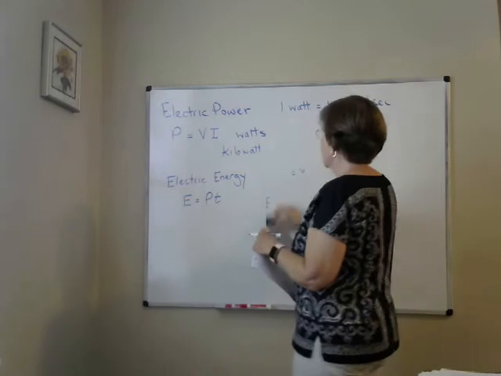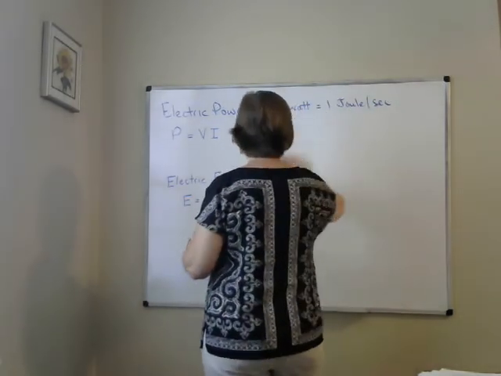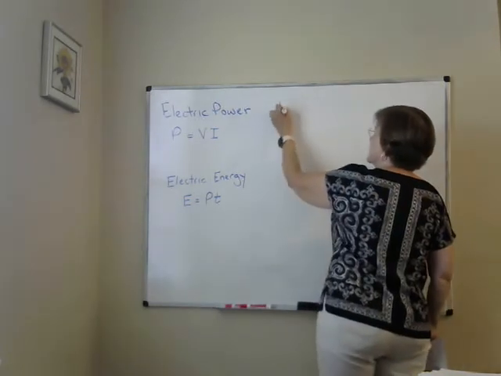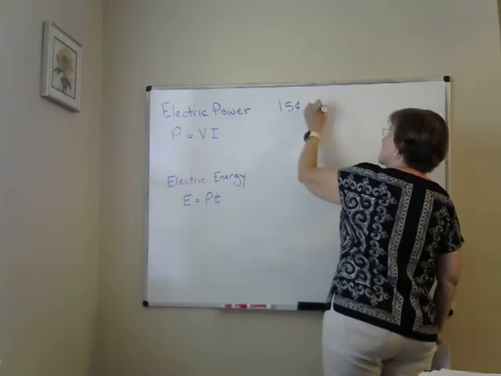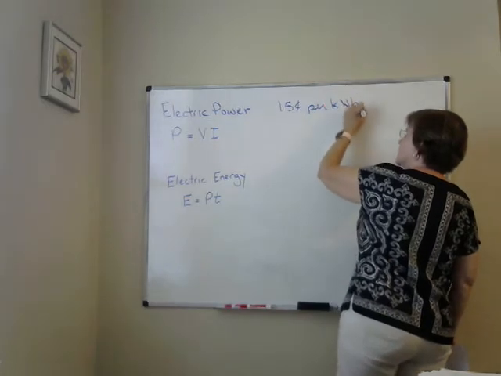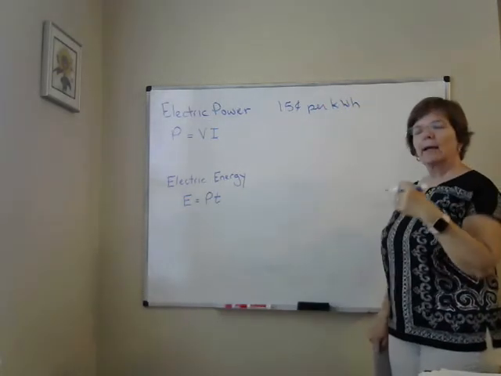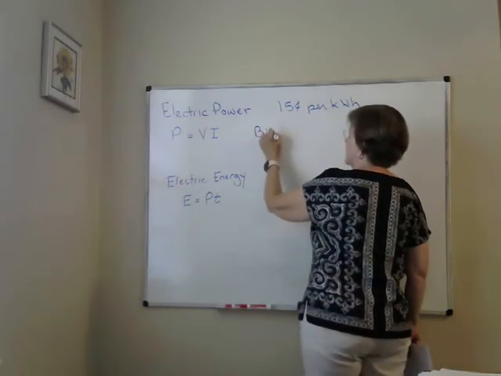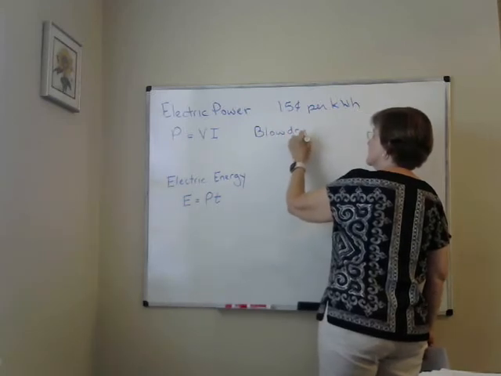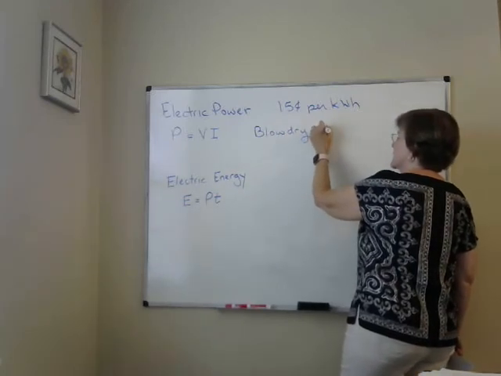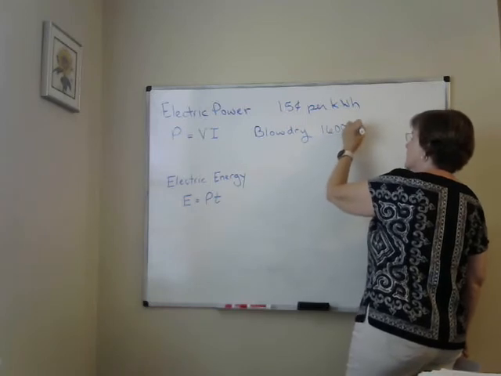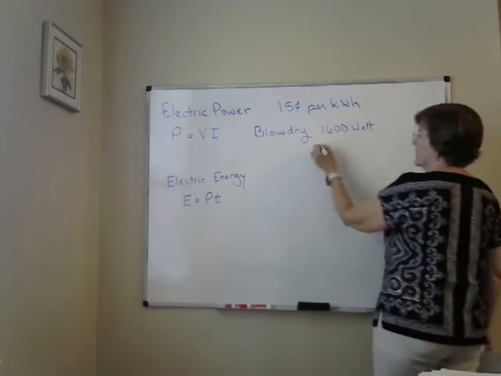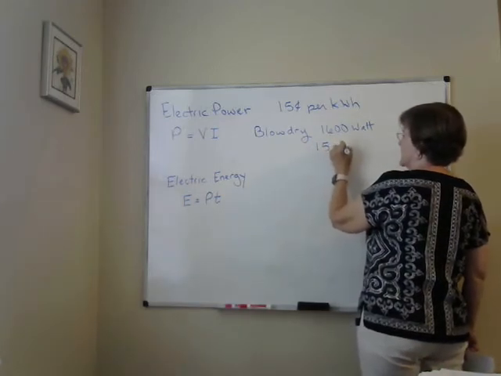Suppose I tell you that your power company charges 15 cents per kilowatt hour, and you want to know how much does it cost to blow dry your hair if you've got a 1600 watt blow dryer and you run it for 15 minutes.